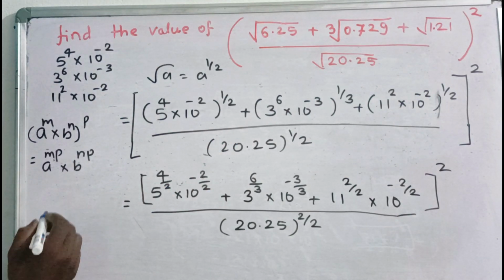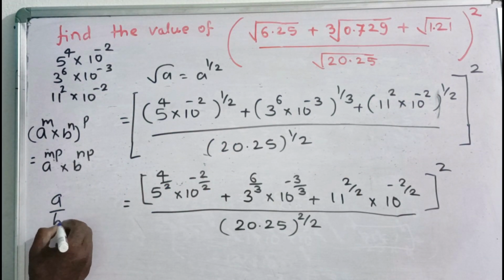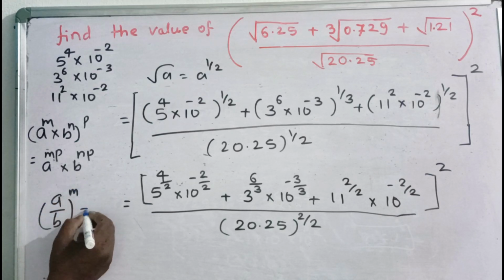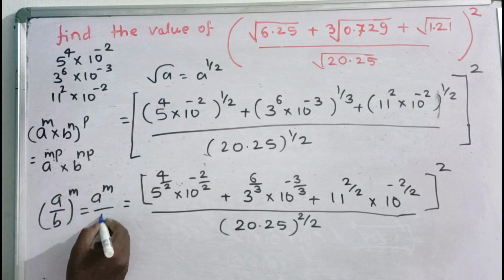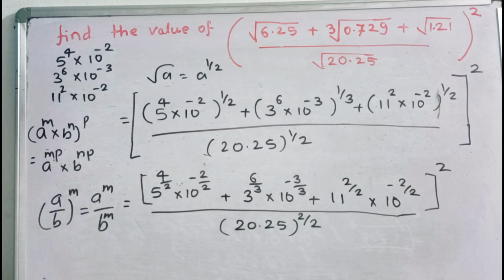Which property we are using here? A by b raised to the power m is nothing but a raised to the power m divided by b raised to the power m.